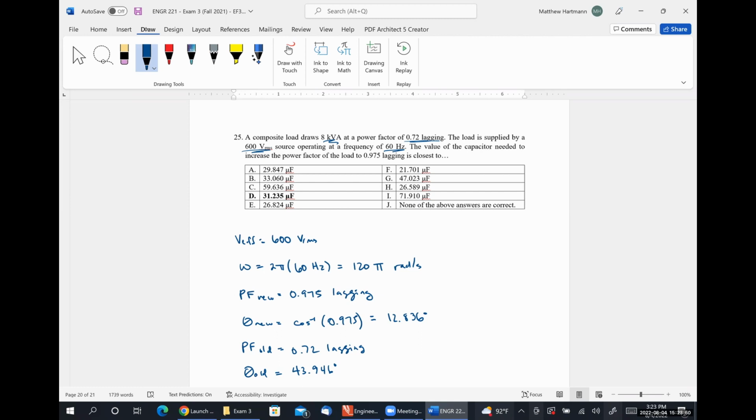The things that might change: I might give you average power as opposed to apparent power. The values for the power factors can be different. I might tell you that it's operating at 50 hertz instead of 60 hertz, but effectively the problem is going to look almost exactly like this. And once I post the practice exam here in the next couple of minutes, you will see I am not kidding. So any questions on anything?